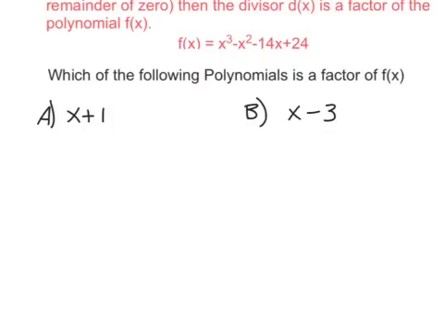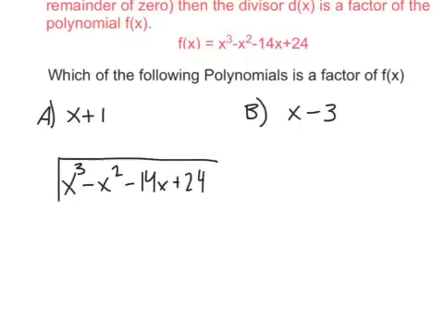All right, so x to the third minus x squared minus 14x plus 24 divided by x minus 1. x minus 1 does not go into x cubed, so x cubed minus x squared. Now, what up here can I multiply by x to get x cubed?